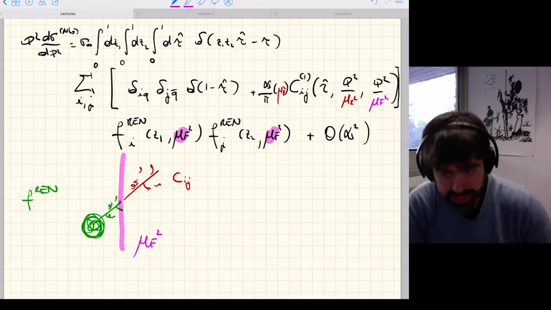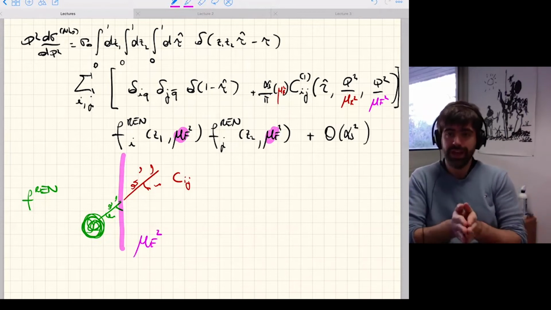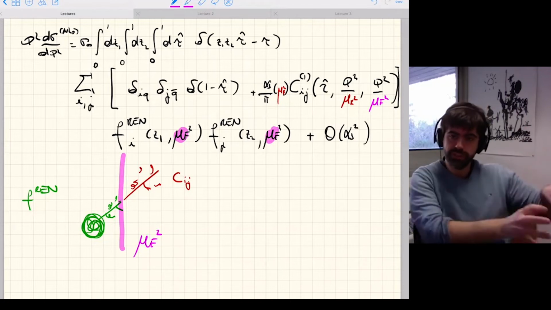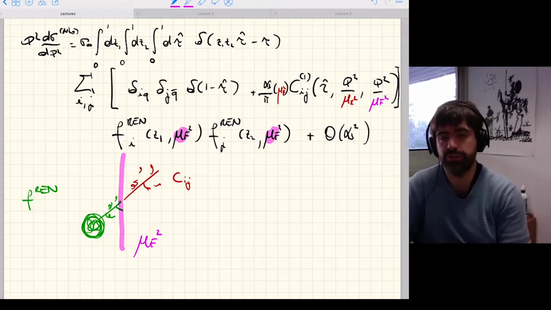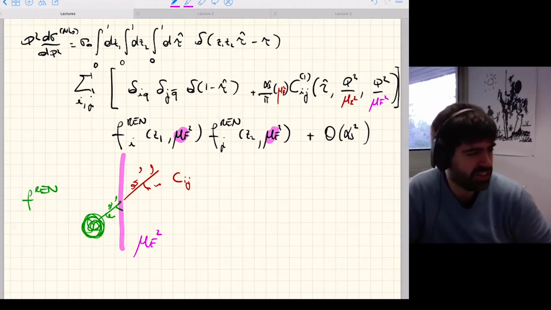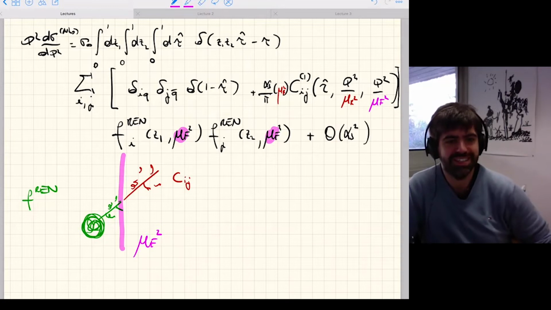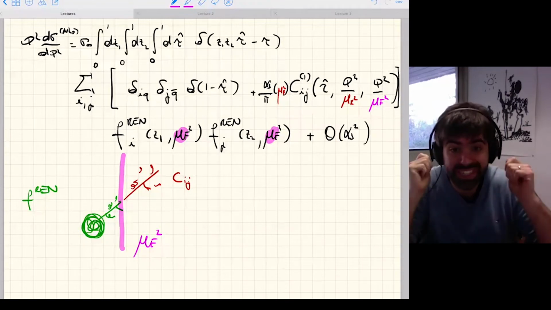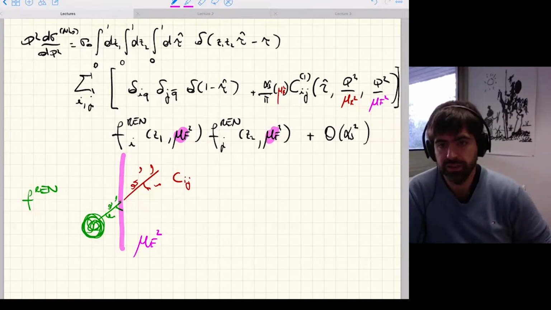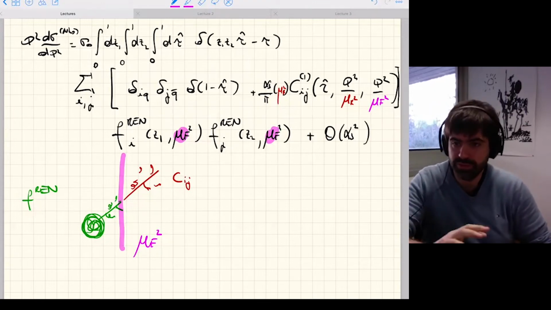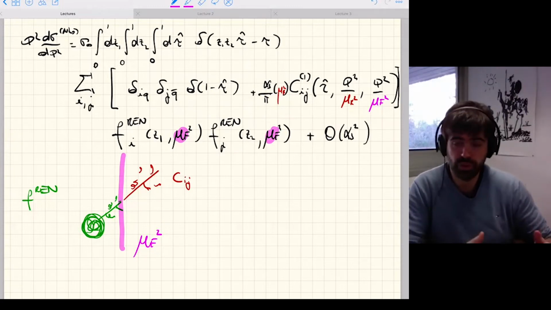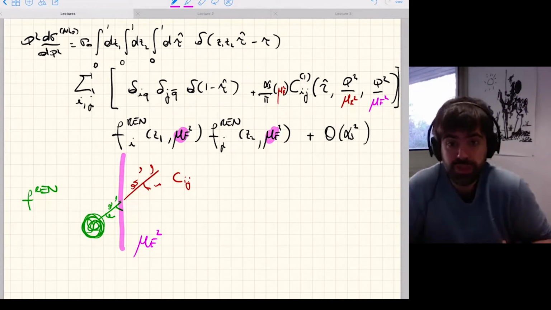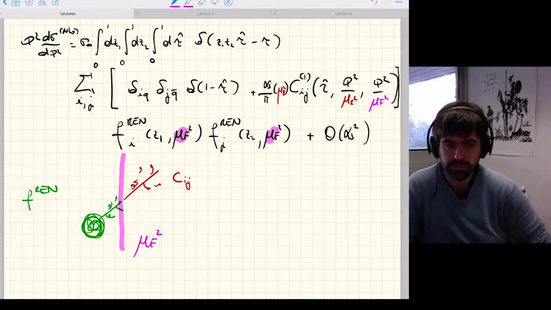So we can interpret the factorization scale mu f as the point at which we separate what we consider the radiation that we put into the renormalized PDFs and the radiation that goes into the hard interaction. In some sense, that's what the first person that taught me QCD said: mu f represents where we decide the proton begins. Radiation above mu f goes into the hard interaction. Radiation below mu f goes into the renormalized PDF, which for me, a phenomenologist, is the proton.